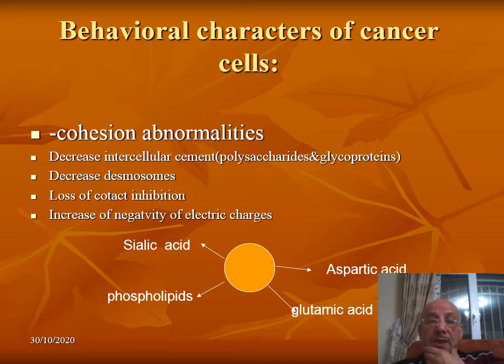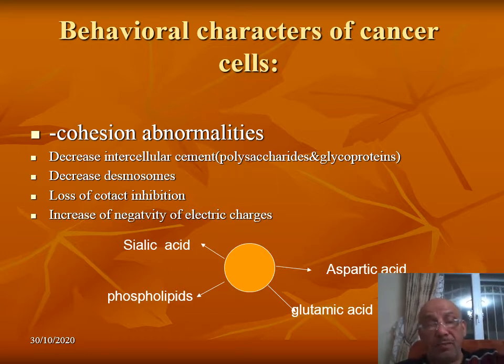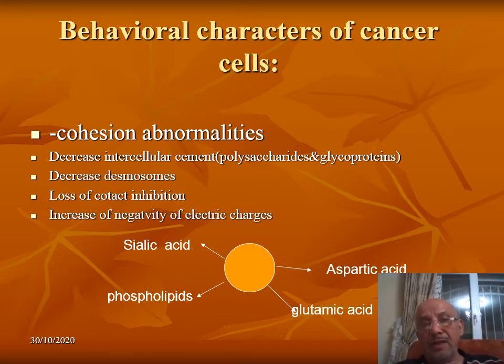Usually, as we mentioned, certain characters are lost from the cells, and there are several behavioral changes occurring in the malignant cells. One of these things is cohesion abnormalities. In normal tissue, the cells are attached to each other and it is difficult to separate them.